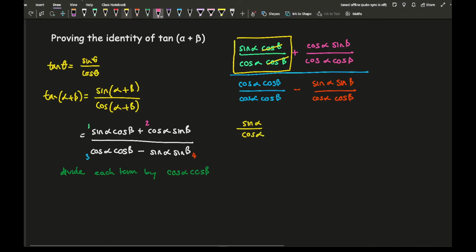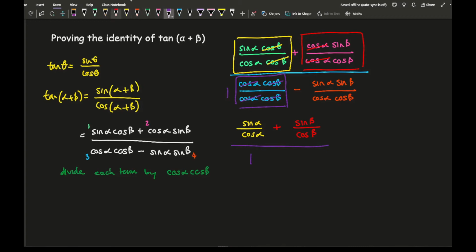In this red box, the cos alphas cancel, and all I'm left with is sine beta over cos beta. With this box here, all the terms cancel, so that just equals 1.